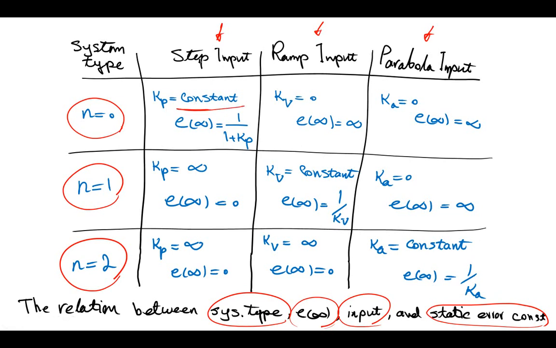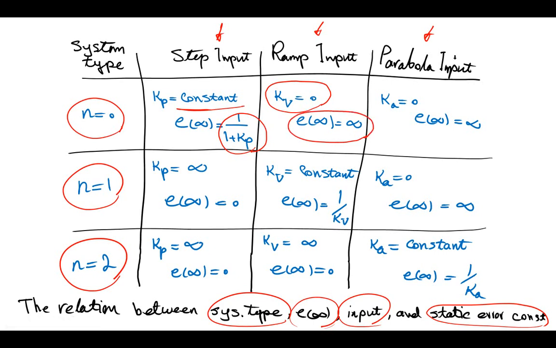And when you apply the step input, the steady state error will be 1 over 1 plus Kp. If the system type is 0, the velocity constant will be 0, and if you apply ramp input, the steady state error will blow up.